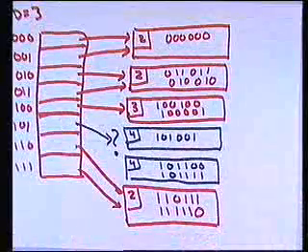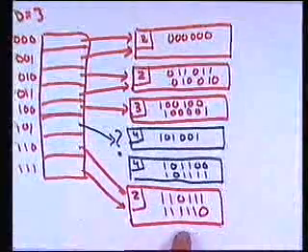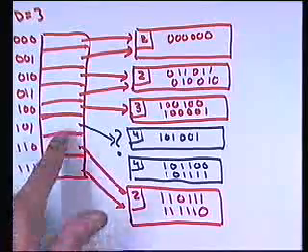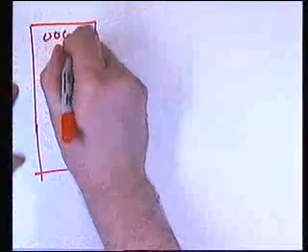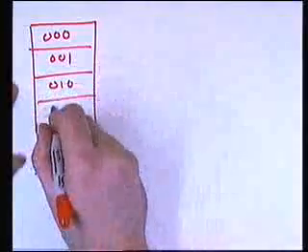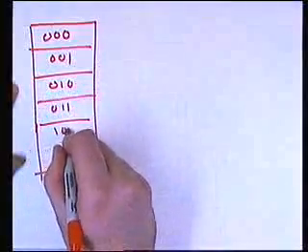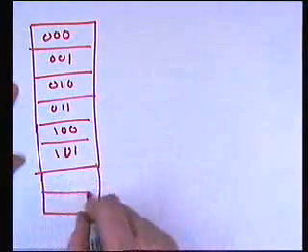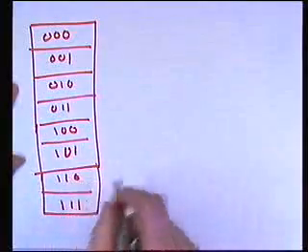That is, what I need here is to say, I need to increase the table size so that I have 2 pointers here instead of 1. That is, here's my table right now. This is the 000 cell, 001, 010, 011, 100, 101, 110, 111.